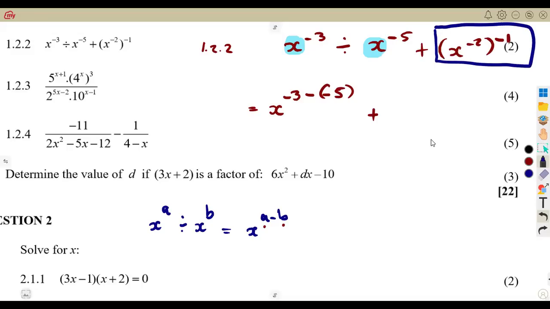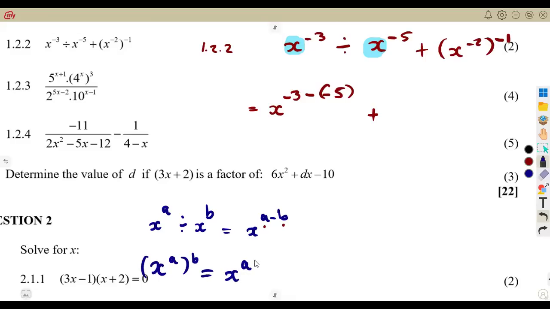But on this case that is remaining, guys, we can apply the law there. If there's an exponent, there's also an exponent. Remember, x to the exponent of a to the exponent of b will give us x to the exponent of ab. You simply have to multiply these exponents, negative 2 times negative 1. That is going to be x to the exponent of 2.